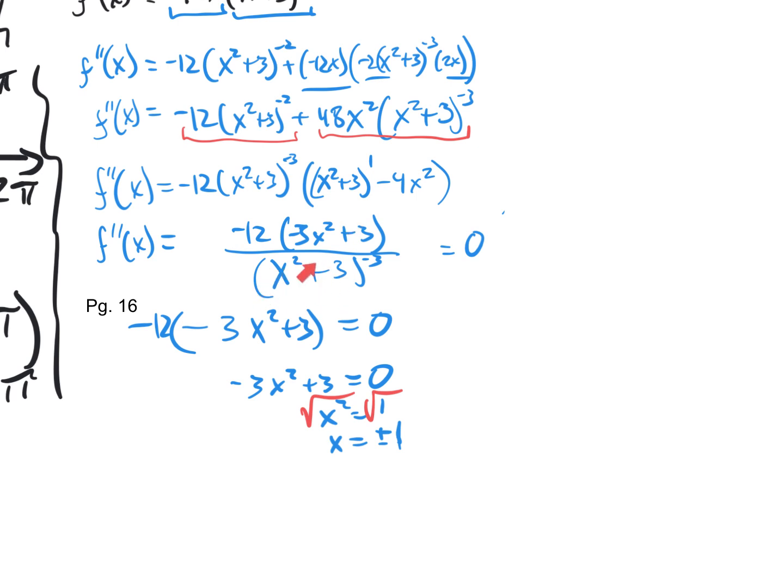We also need to look at the bottom. Will this bottom ever be 0? Can it be 0? Well, x squared here. Oh, sorry, one little thing I caught here. When we drop this expression down to the bottom, it becomes a positive exponent. Sorry about that.